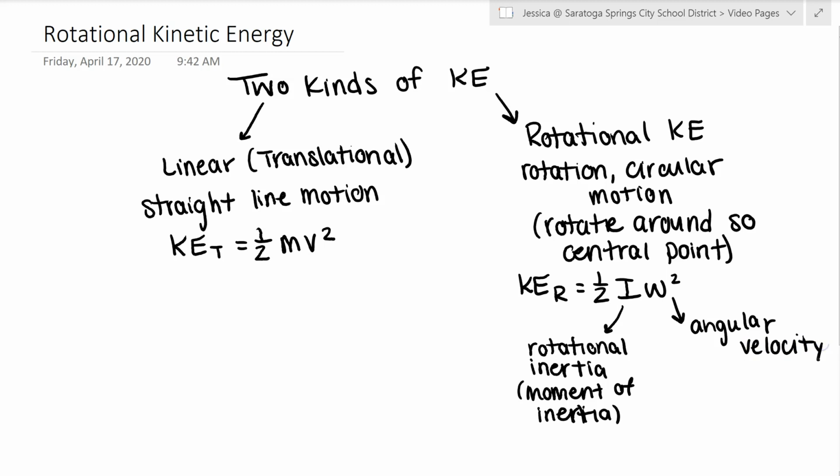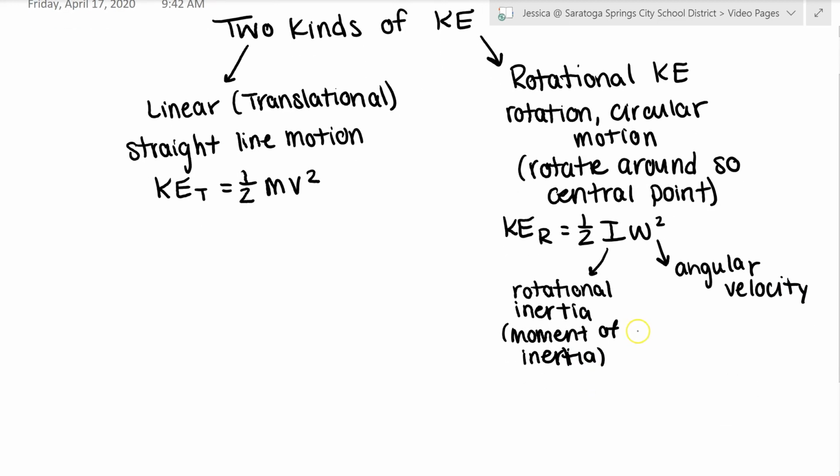As a quick aside, remember that the rotational inertia or moment of inertia measures mass distribution. So is the mass close to the axis of rotation, or is the mass farther away from the axis of rotation?